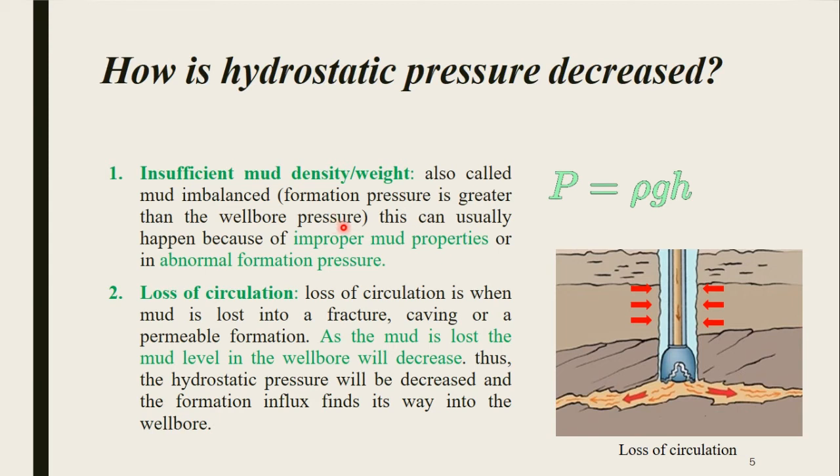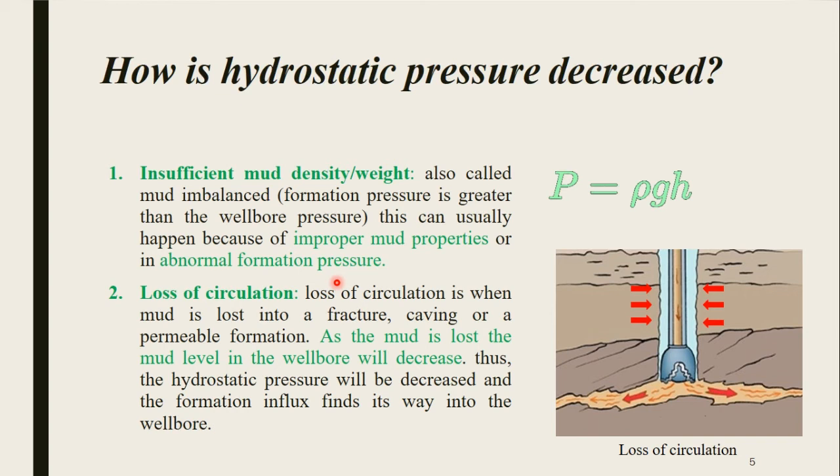And therefore, if mud density is low, then proportionally we'll have a low value of hydrostatic pressure, as is obvious from the formula. So the second factor is when we suddenly drill through an abnormal formation pressure, since these sorts of formations have a great pressure level. So it's most likely to cause a breach in wellbore pressure and result in a kick.